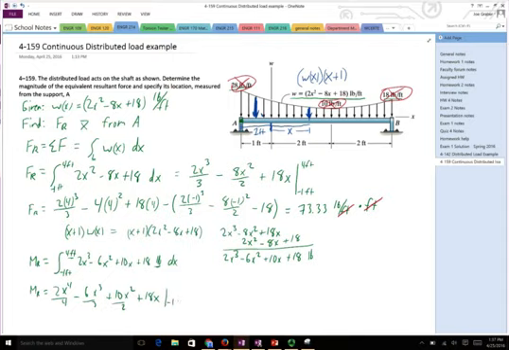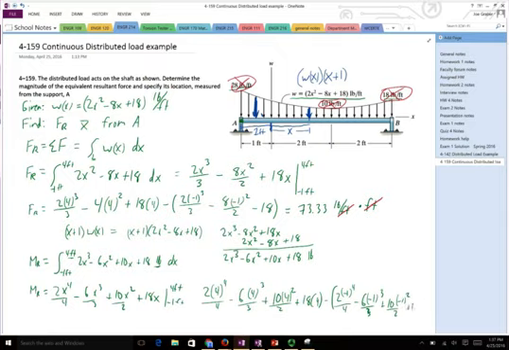We're evaluating that from -1 feet to 4 feet, which is going to give us 2 times 4 to the 4th over 4 minus 6 times 4 cubed over 3 plus 10 times 4 squared over 2 plus 18 times 4, and we're going to subtract from that 2 times -1 to the fourth over 4 minus 6 times negative 1 cubed over 3 plus 10 times negative 1 squared over 2 plus 18 times negative 1.